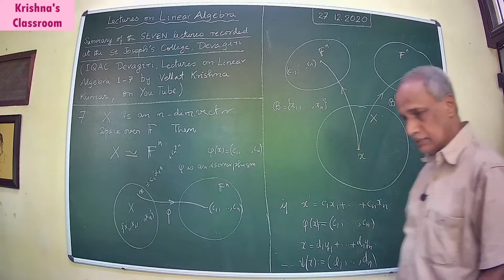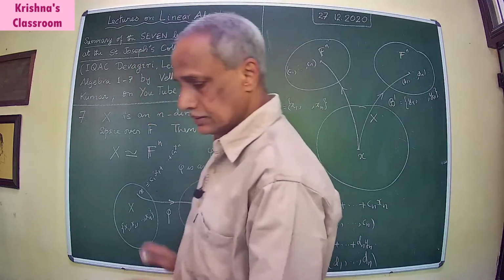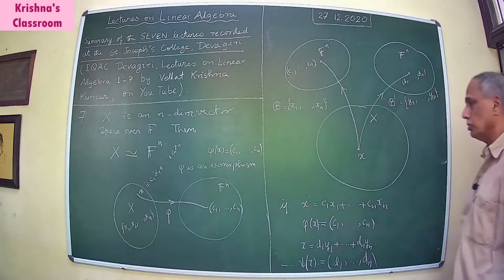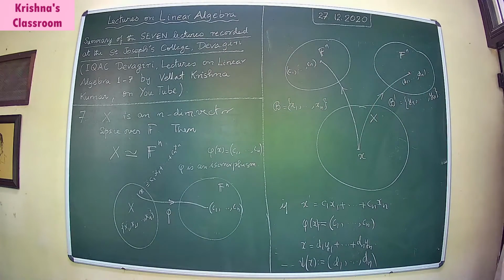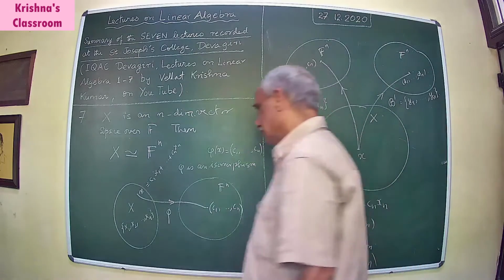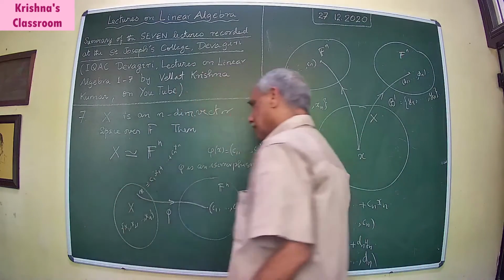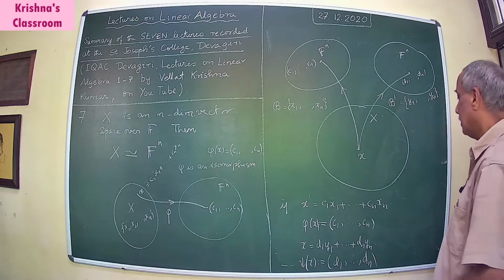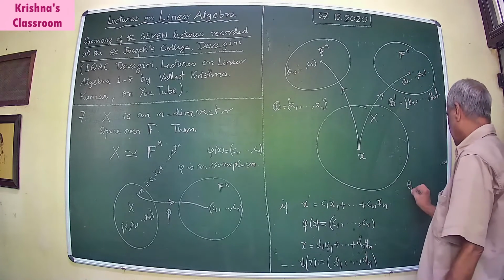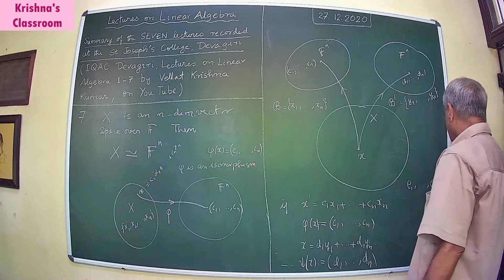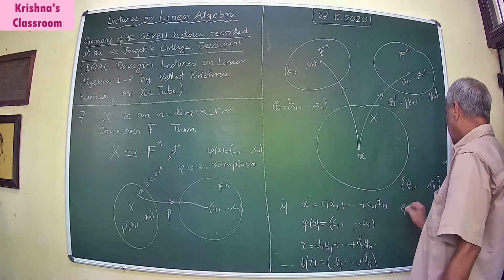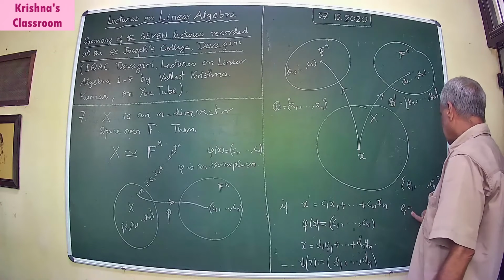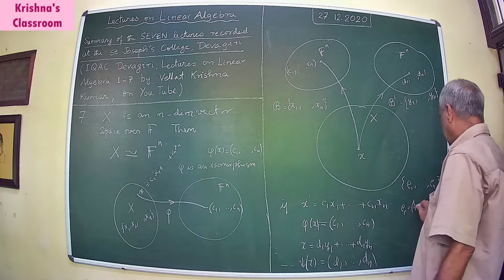Now this is discussed in that chapter, and so you have not just one isomorphism, but several isomorphisms. Conversely, if you have an isomorphism, then it determines the basis for X. What does it do? Take Fn. Look at the basis e1, e2, etc. What is ei? ei is written as delta i1, ..., delta in.